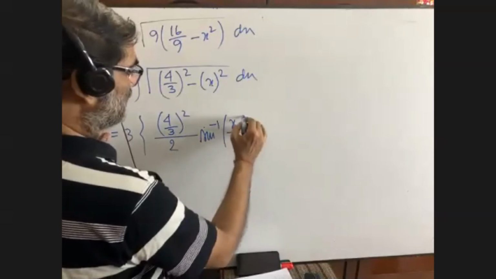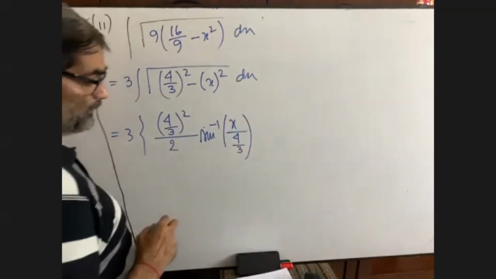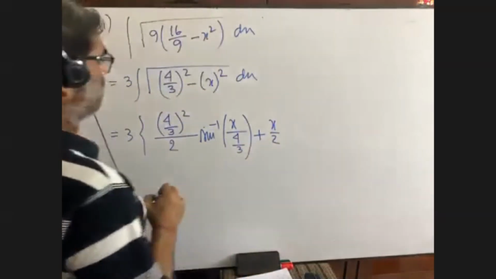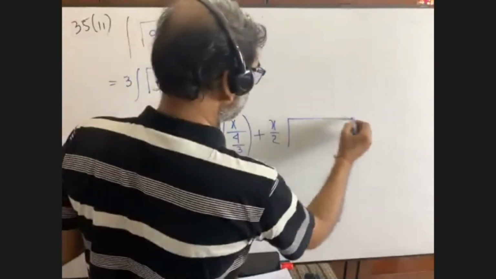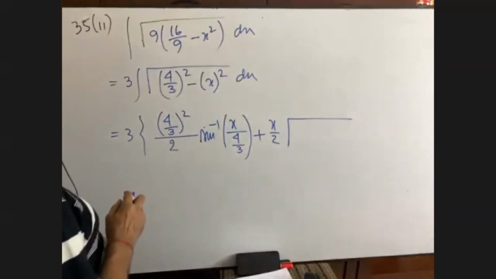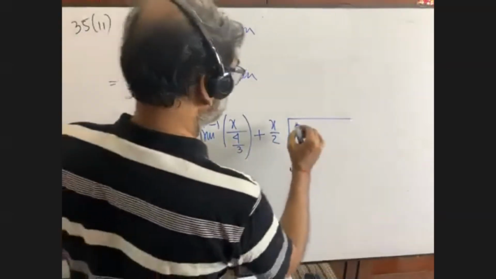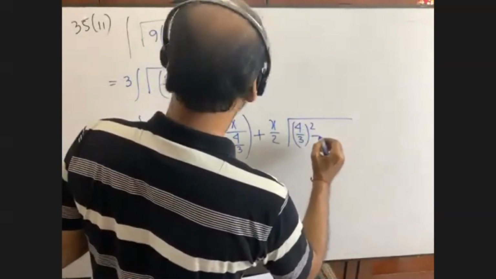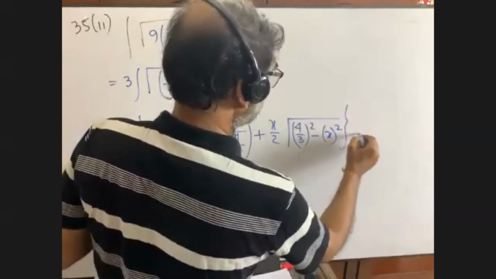Sine inverse x by A. Then again x by 2, root over a square minus x square, this part as it is. This is a square, this is minus x square. Second bracket is done, dx.